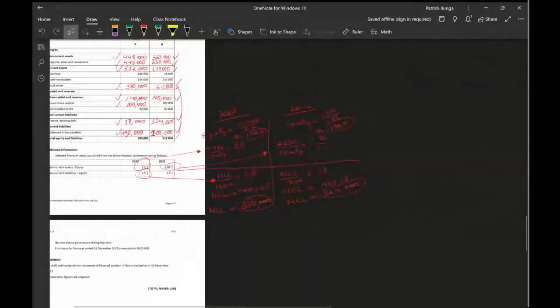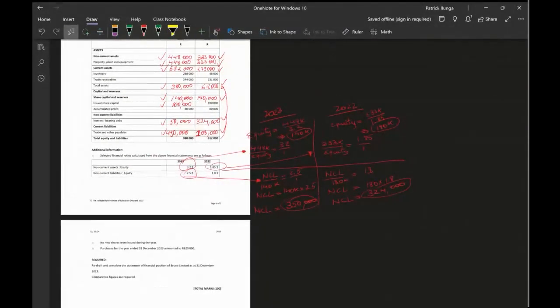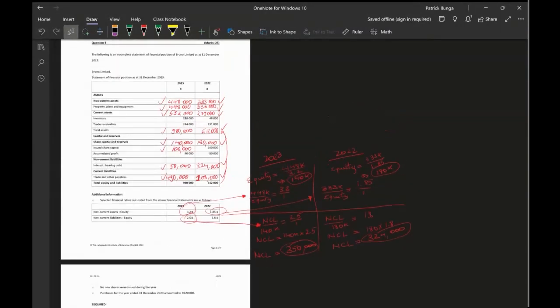Okay, last question. I have to go a bit quicker here because it's going to be close to 1 hour soon. And this again was another one that was quite straightforward. I don't know why some of you were struggling with this. Assets equal equity plus liability.